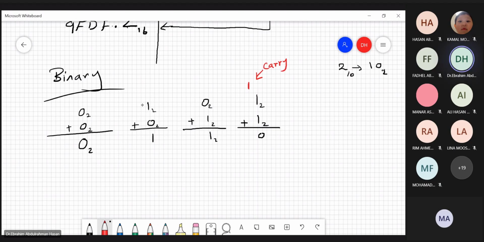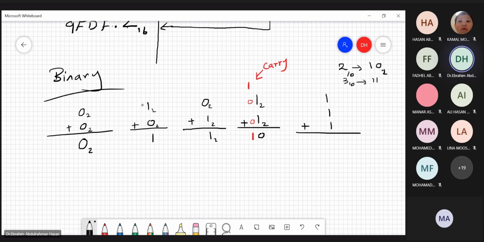So then 1 plus 0 plus 0, here we have 0 and here we have 0, it is equal to 1. Okay, what about this? 1 plus 1 plus 1, which is equivalent to 3 in decimal, and 3 is 11 in binary.